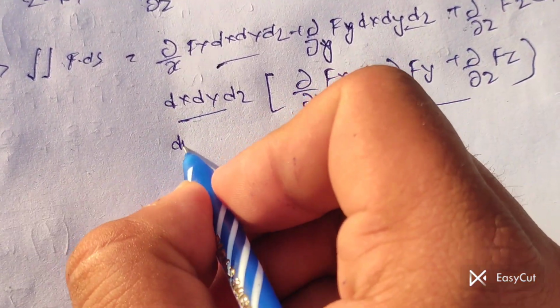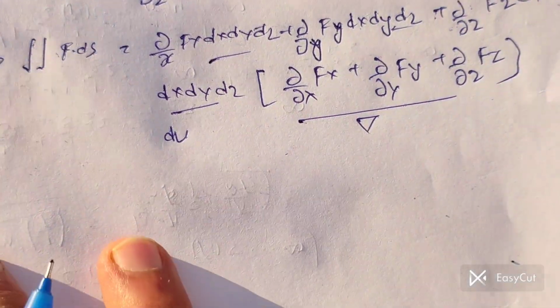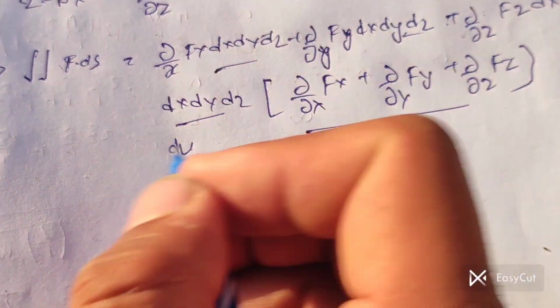This is the overall dV, and this is the del operator, the divergence. In the previous class we talked about divergence.